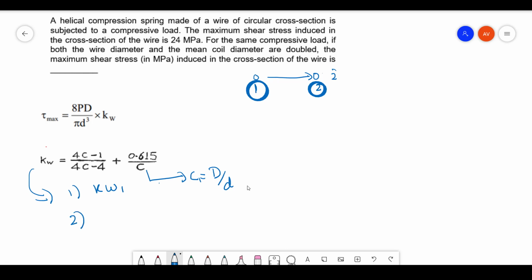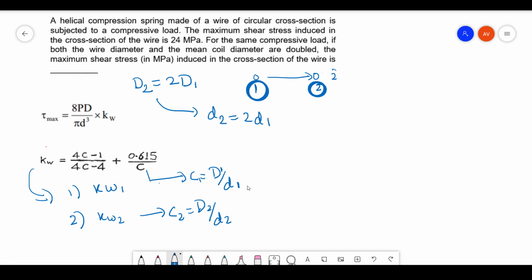For the second case, Kw2, your C2 depends on the new D by d, that is D2 by small d2. Now what are D2 and d2? D2 is 2 times D1, and small d2 is again 2 times small d1, because they are asking what happens when the diameters are doubled. That is the main thing, and that's how we get this correlation.